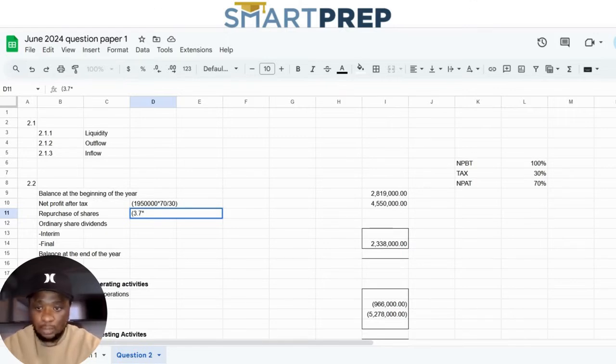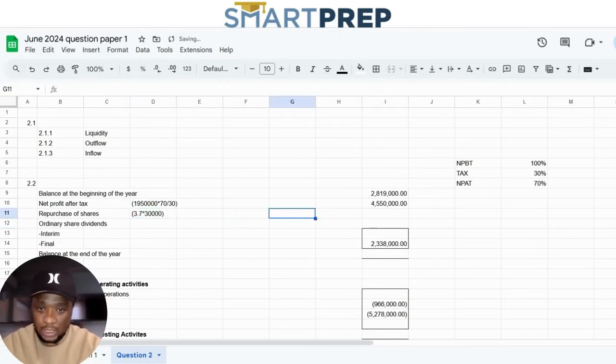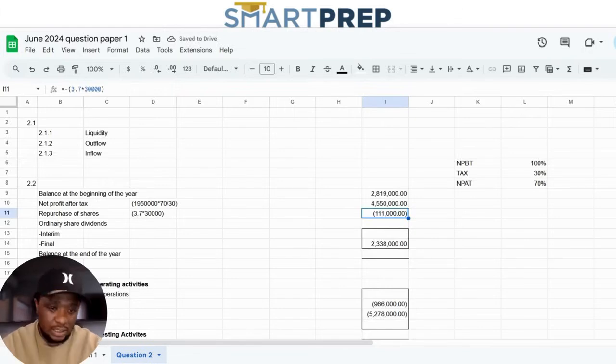So it's just going to be 3.7 multiplied by the 30,000 shares, and that will work out to 111,000, and then remember that it would be a negative amount.